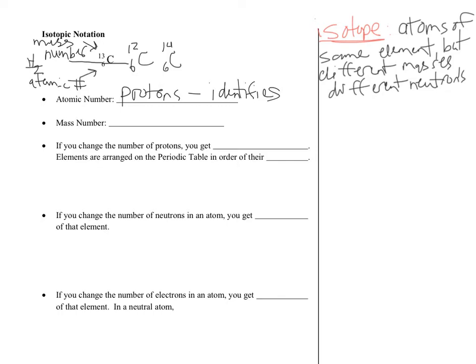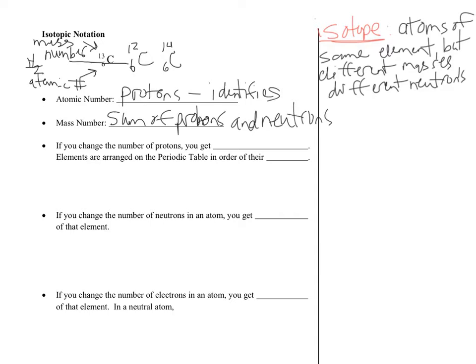And electrons are essentially negligible, meaning they have almost no mass. They have 1/1800th of an atomic mass unit. So when we talk about the mass, we only really care about the protons and neutrons. So the mass number is the sum of all of the protons and neutrons, and it tells us essentially the mass in atomic mass units.